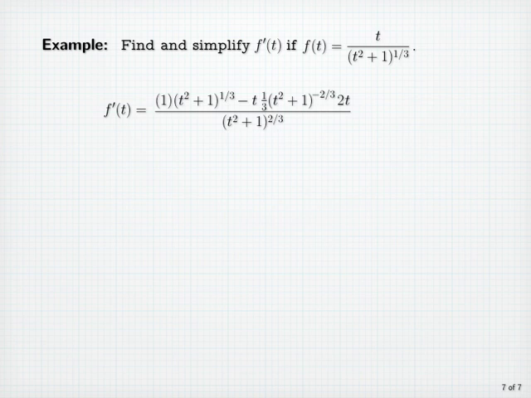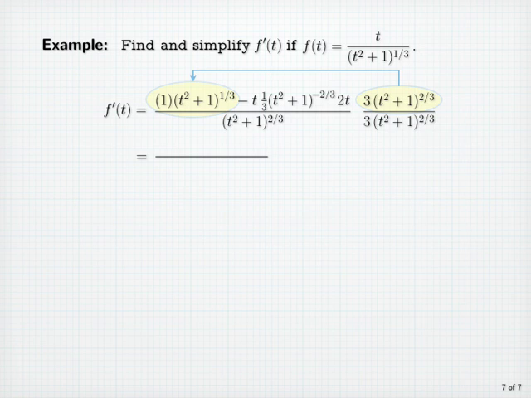Now, because of the 1/3 times (t squared plus 1) to the minus 2/3 in the second term in the numerator, we'll multiply the numerator and denominator by 3 times (t squared plus 1) to the 2/3 power. Now, distributing that through the two terms in the numerator gives us a numerator in which the first term is 3 times (t squared plus 1), and the second term is simply minus 2t squared.